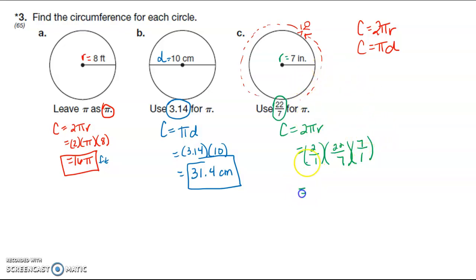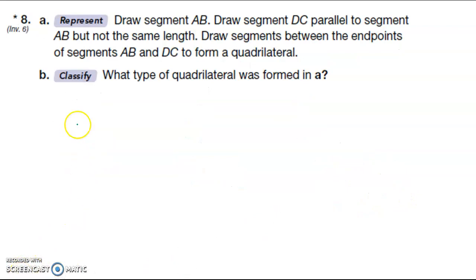Let me multiply across the top. 2 times 22 is 44, 44 times 7 is 308 over 1 times 7 times 1, which is 7. Then if I divide, I get 44, and that's inches. Okay, let's go on to the next.